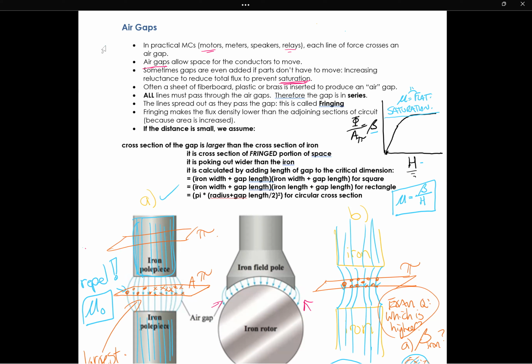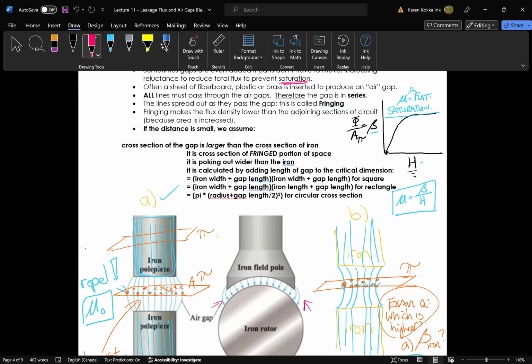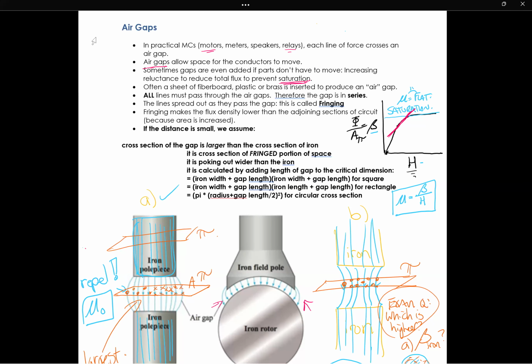It's not very permeable. We want to welcome the lines of flux, right? We want to welcome the lines of flux. So we want permeability to be high, rise over run. We want it to be as high as possible.